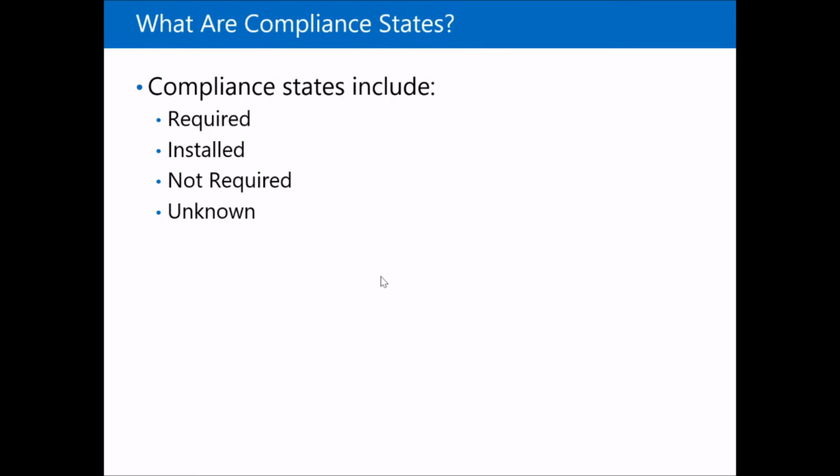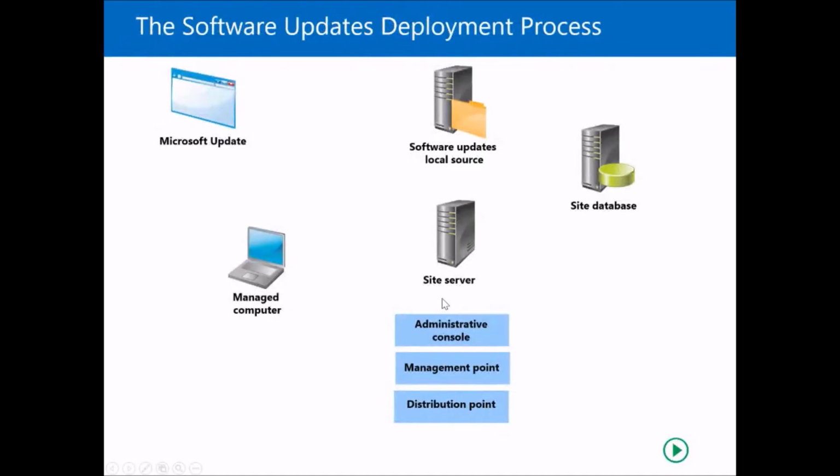If it's required, it means it hasn't got the updates, and it needs to get from required to installed. Then there are a couple of other states as well. Not required is also good, because if it's not required, it doesn't need to be installed. And unknown is bad, so we're not sure what it's got. But basically, those are the states that a computer can be in as far as compliance goes.